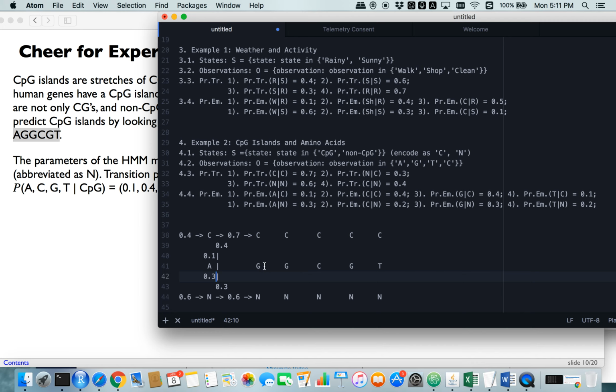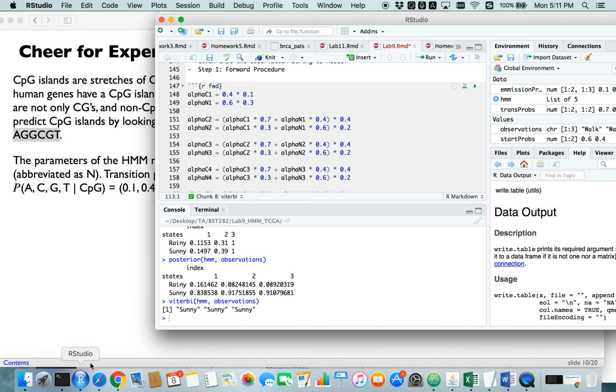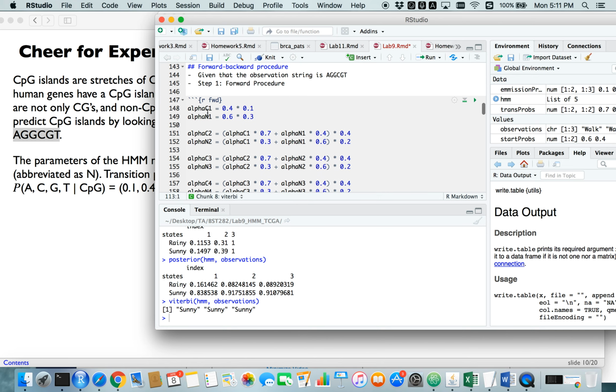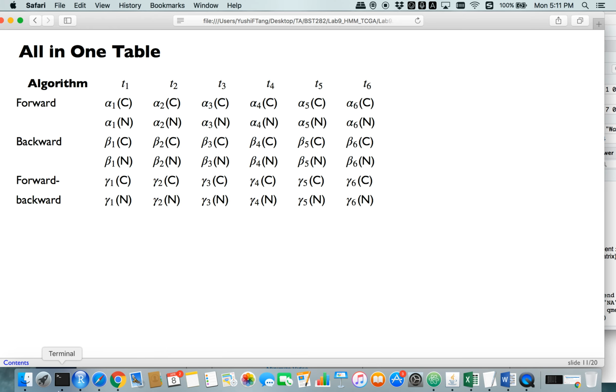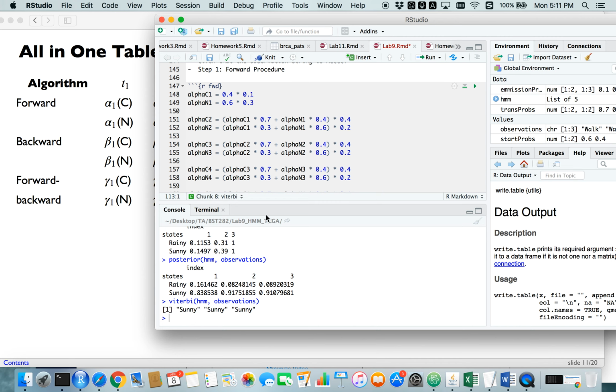If you have problems, please come to my office hours and I can give you detailed explanations about the graphic interpretation. I think that would help a lot to understand what we are doing to calculate all these numbers within this table. Okay, so now we can calculate all these numbers.